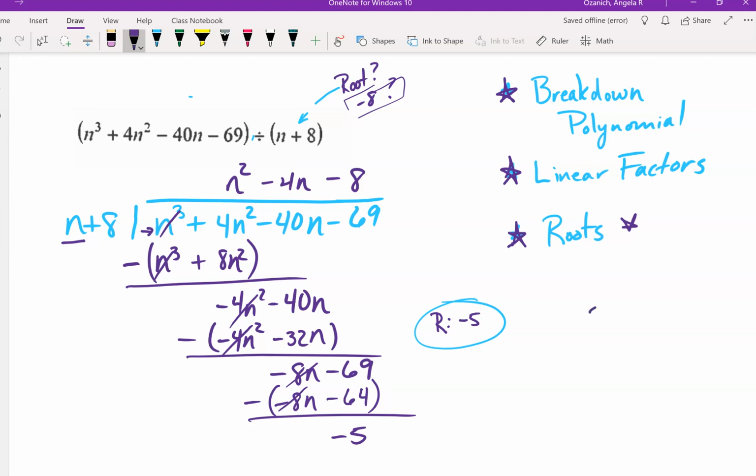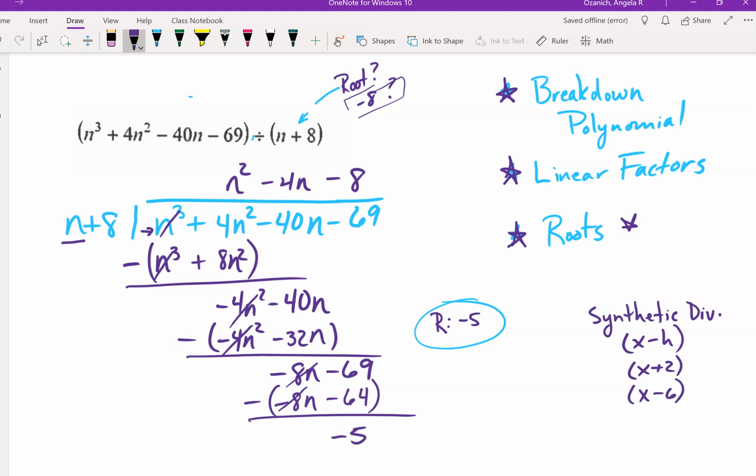If you are dividing, and this is the only tricky thing about synthetic, which is why we need both, synthetic division only works if you are dividing by an x minus h factor, right? You could be dividing by x plus 2, or by x minus 6.